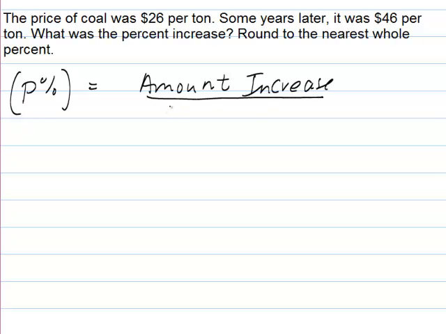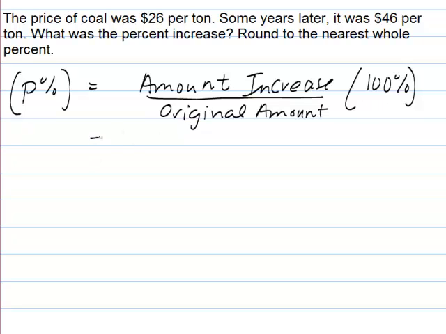Amount of increase divided by the original amount. And that we're going to multiply by 100%, which is just the same as 100, and then the percent symbol is divided by 100, so 100 divided by 100 is 1. So we're not really changing anything, we're just representing it now as a percent.